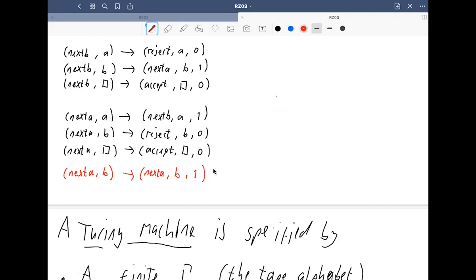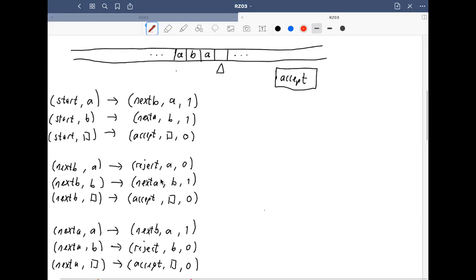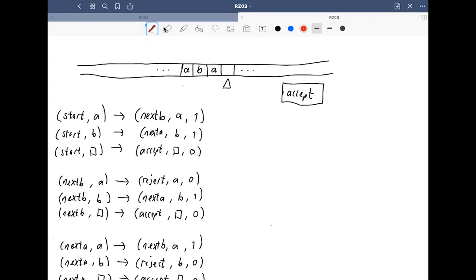So I'm just adding one more transition, but it's now a non-deterministic machine, because when we're in state next day and the tape head is looking at a character B, there are two possible things we can do. So it's non-deterministic. It's not determined what happens.